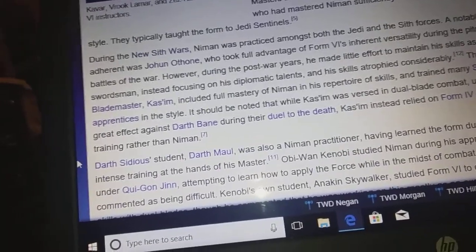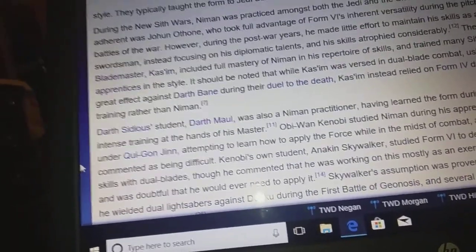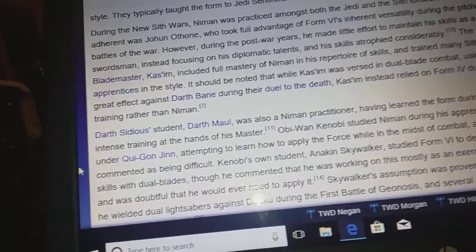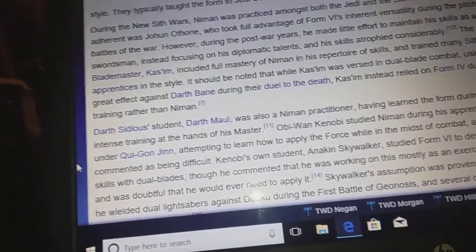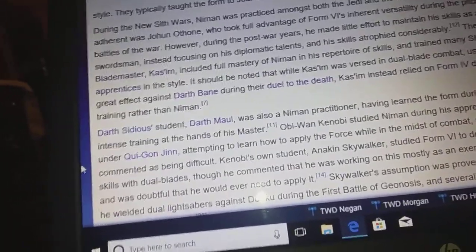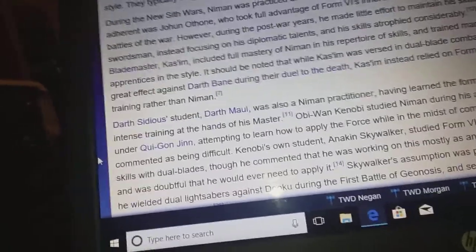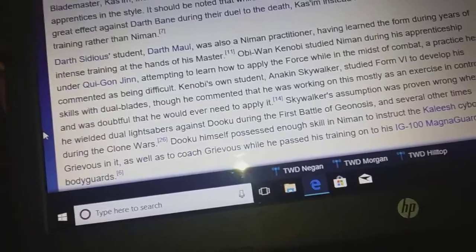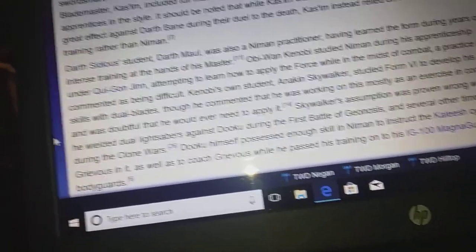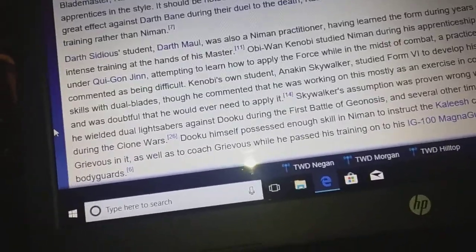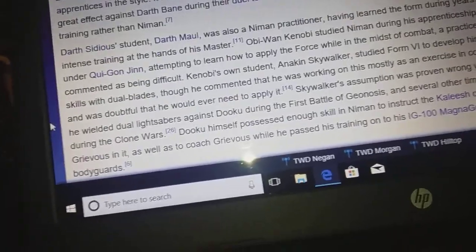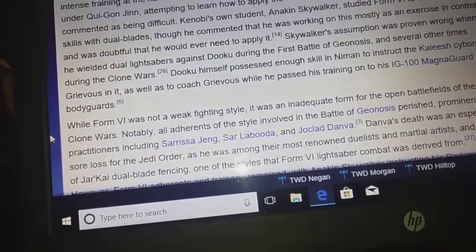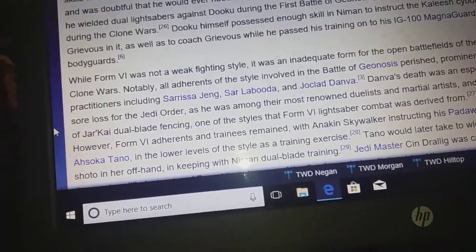That's interesting. Oh, and also Kenobi. I really love Anakin Skywalker. He's like, oh yeah, this is just an exercise in control. I don't need this. Yeah. How am I ever gonna have 2 lightsabers? Oh, Grievous actually.